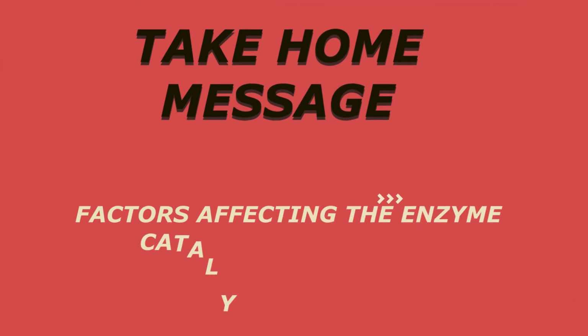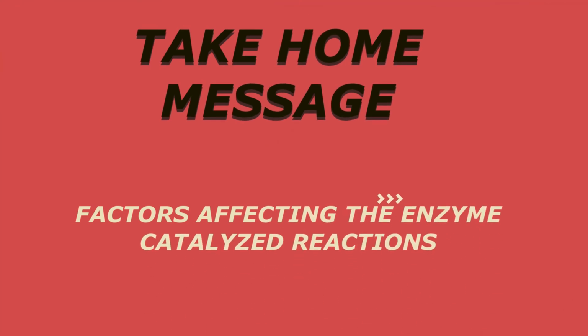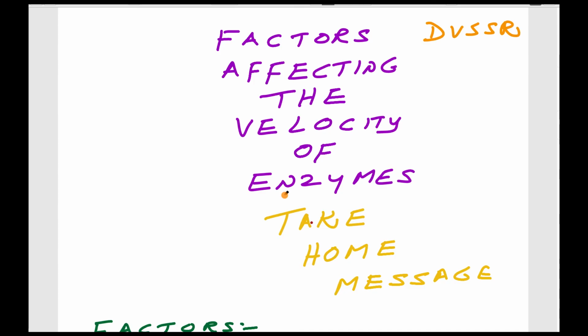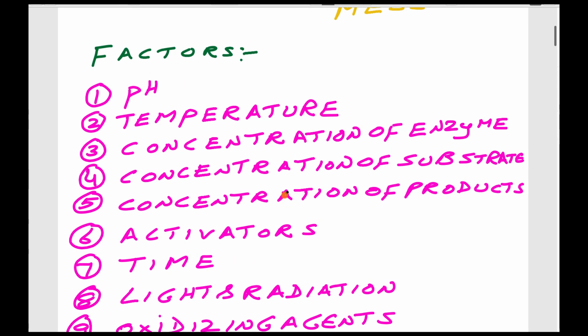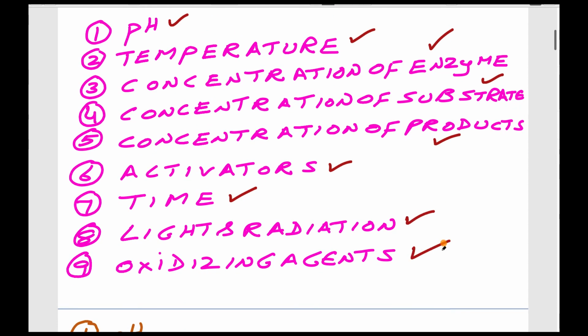In this session, we have discussed the various factors affecting the velocity of enzymes. Let me summarize. Various factors which can affect enzyme catalyzed reactions are pH, temperature, concentration of enzyme, concentration of substrate, concentration of products, activators, time, light and radiation, and oxidizing agents.